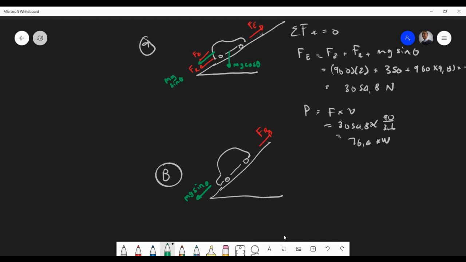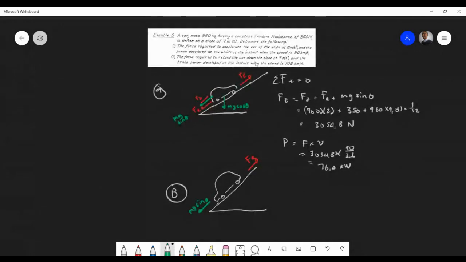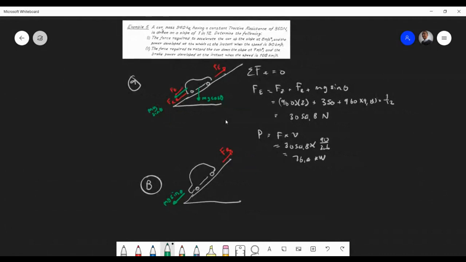Our forces don't change in this case, because we're assuming it was the same kind of car, the same conditions over here, right? But then I feel a bit strange with the way the question is phrased. They should phrase it a lot differently.